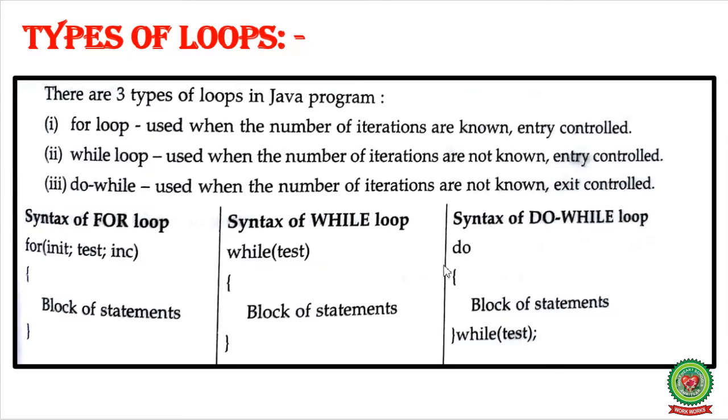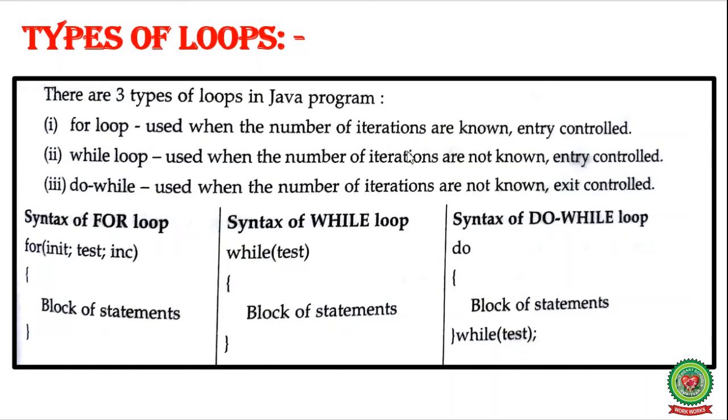Syntax of do while loop: do, block of statements, then while, and then test condition, at the end a semicolon. These two, for loop and while loop, are entry-controlled loops because here the condition is checked first. While in do while loop, the condition is checked at the last. We will discuss programming of these loops in BlueJ.